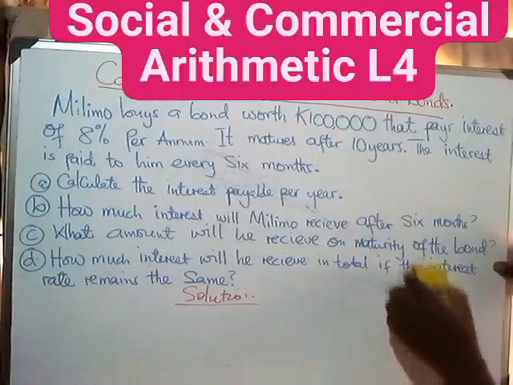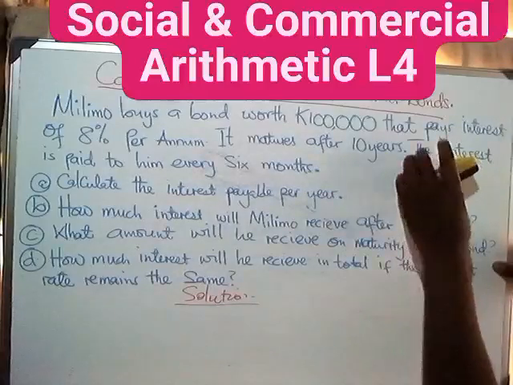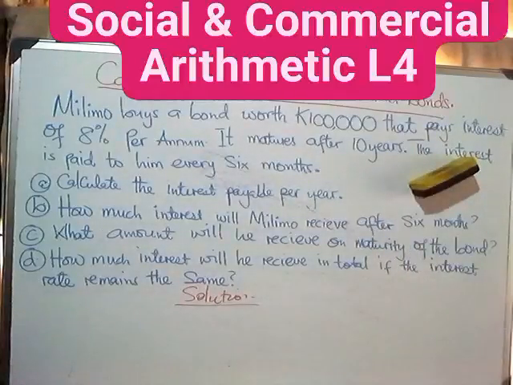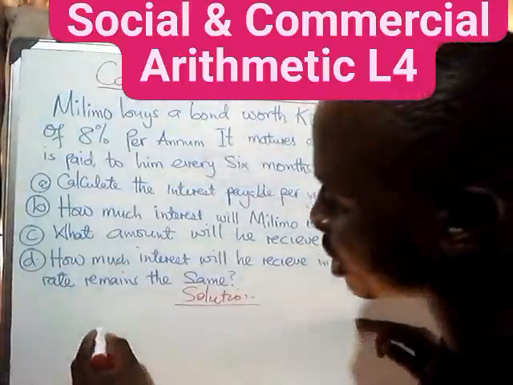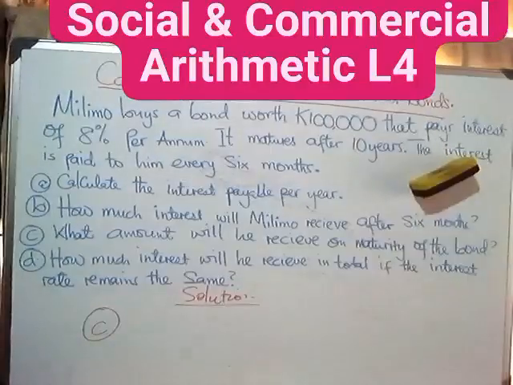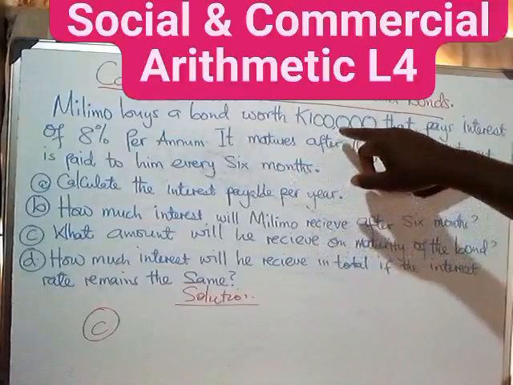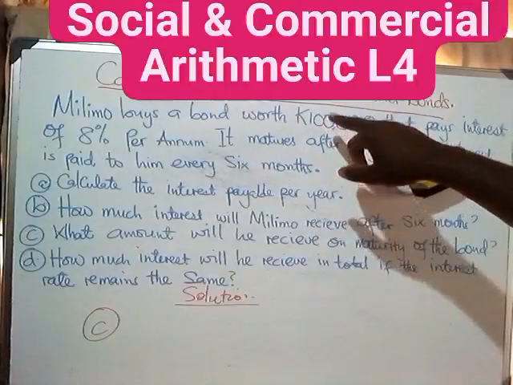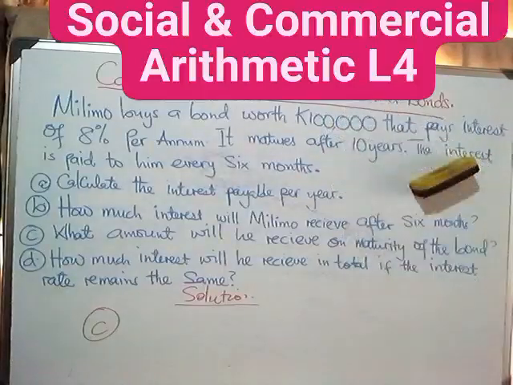The question is, what amount will he receive on the maturity of the bond? So we are told that he receives only the original amount. He is going to receive the original amount which he bought, which is not 1,000, but 100,000.